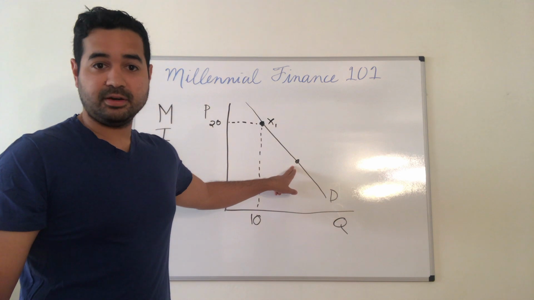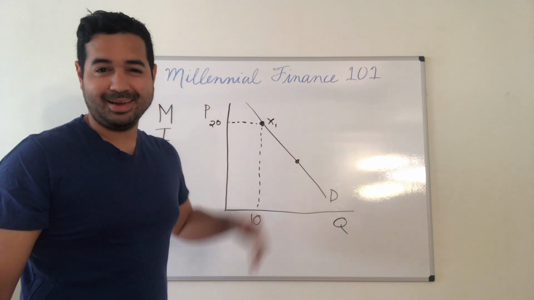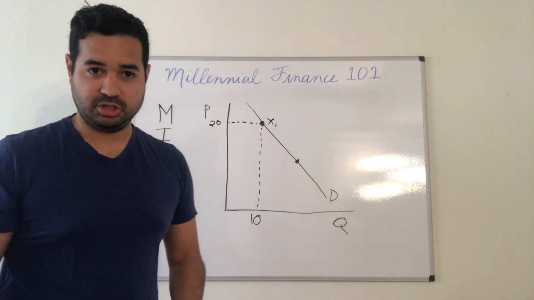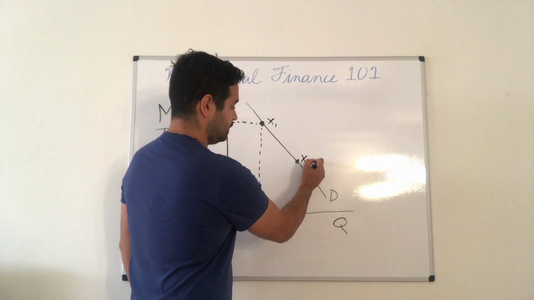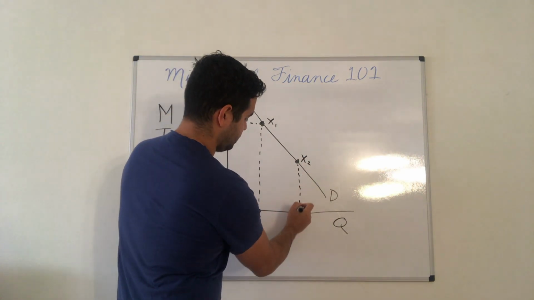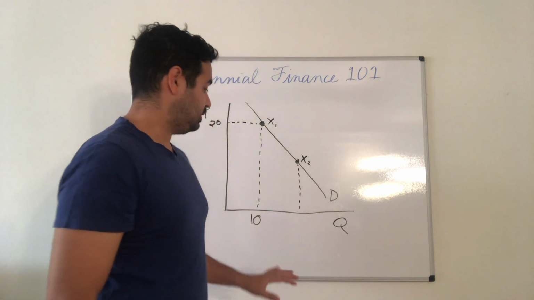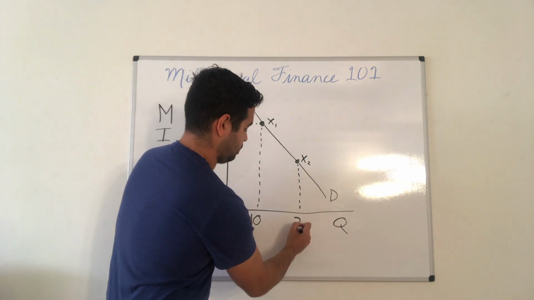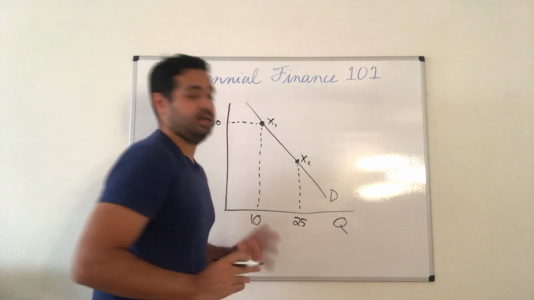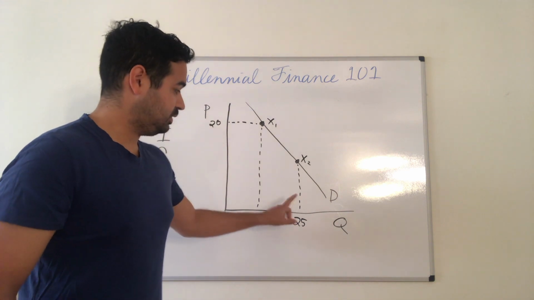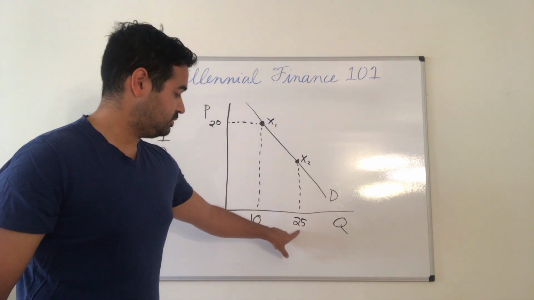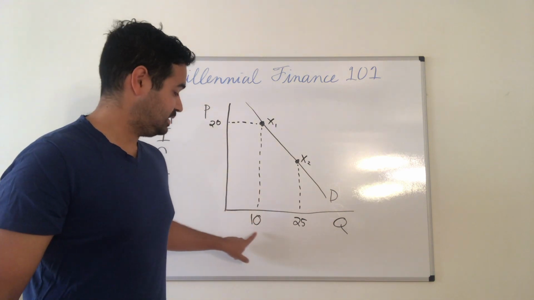Now let's try and figure out what the P and Q is for this one. Again, I'm just going to create values for illustration purposes. For this new point here, X2, let's say it's going to be a quantity of 25. It's all very relative, but the only main thing to remember is that the quantity has to increase.